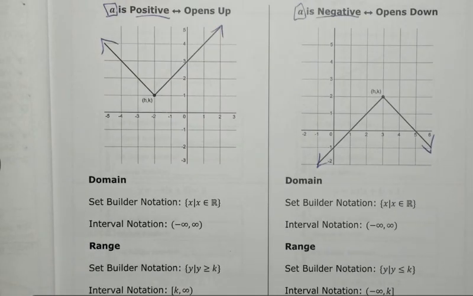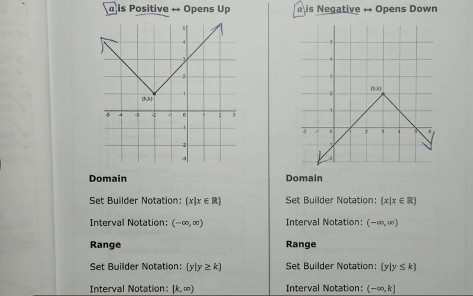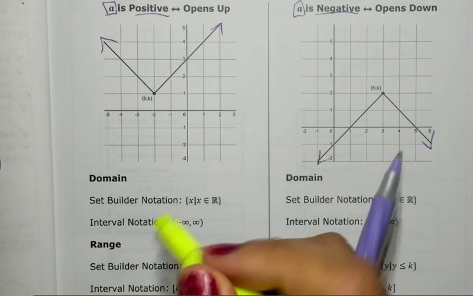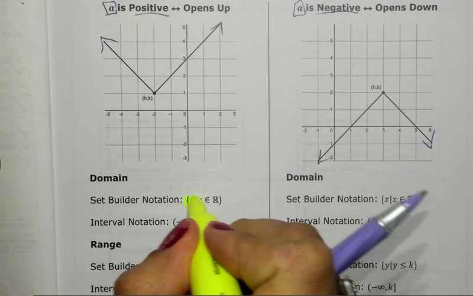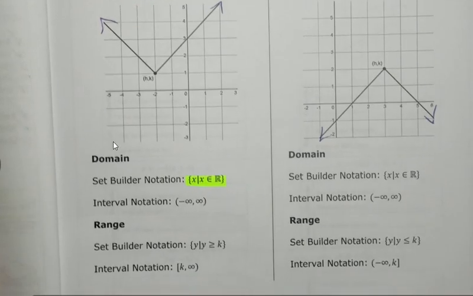Now, there are a couple new notations in this level of math. This right here is a new notation for you guys, so you need to know how to say this in words.